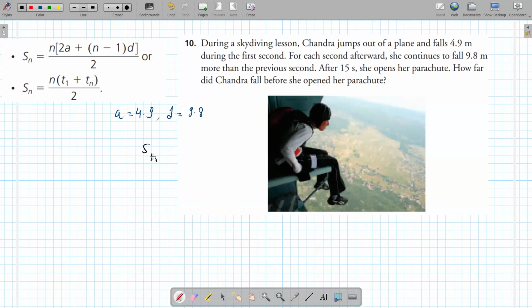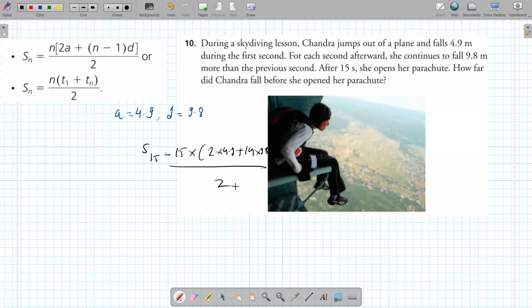Do we use the top formula or the bottom formula? You have your A and D, you're going to use the top one. And that's it. You just plug it in. It's very simple. 15 times (2 times 4.9 plus 14 times 9.8) all over 2.